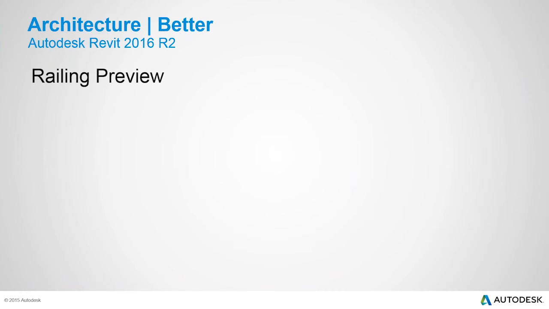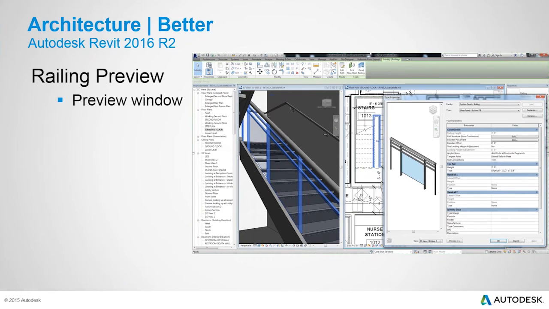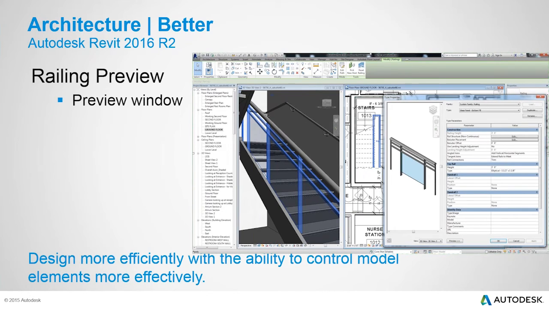Railing preview. I was using this just the other day actually. I found it very useful. We've now got a better preview window when we're looking at editing railings. You can actually see what's going on as you're doing it. So if you're going into the edit rail structure, balustrade placement, we've now got an active preview so we can see what's actually happening.